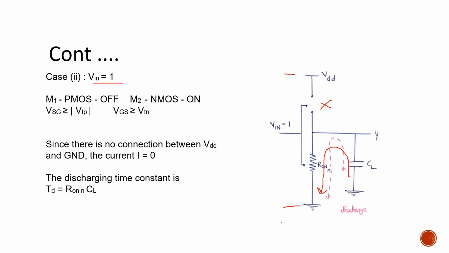No. Hence, guys, I conclude in CMOS, either in case 1 or case 2, there is no rail to rail connection. That means whenever inputs are stable, there is no current in the circuit, so there is no static power dissipation in CMOS. Because when inputs are stable, in both the cases, current is 0 only.